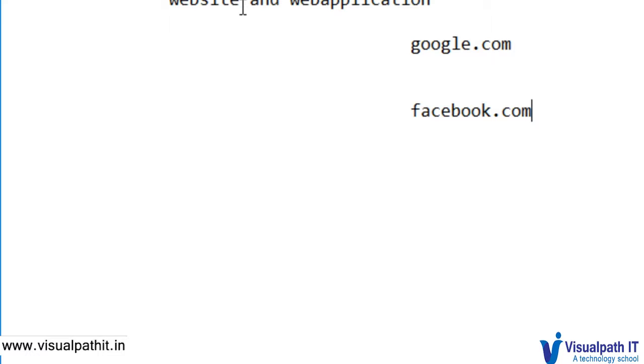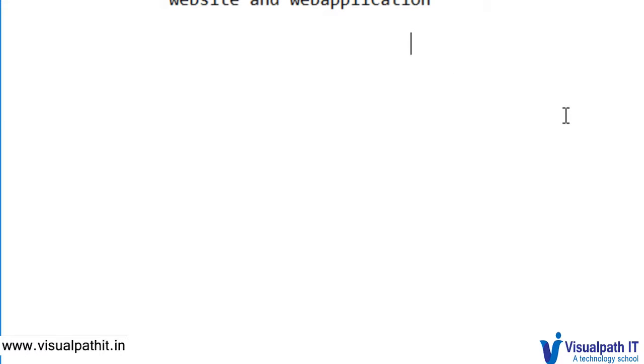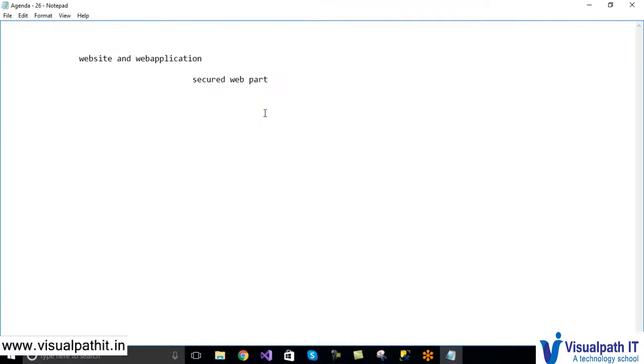The difference between a website and a web application is that a web application is a secured web part. Secured web part means if you try to access a web application in a website, it will ask you for some credentials. For example, google.com is a website.